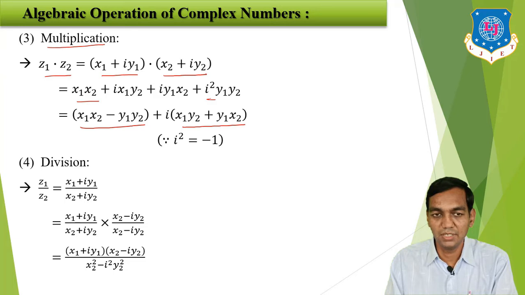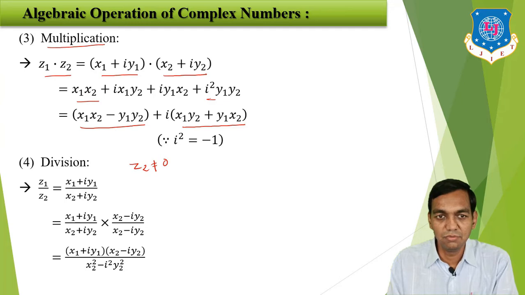(x1 y2 plus y1 x2). In the same manner, if you have to define the division, then first of all the condition is z2 is not equal to 0. That means x2 and y2 are not both 0 at a time. Secondly, we multiply with the conjugate of the denominator.